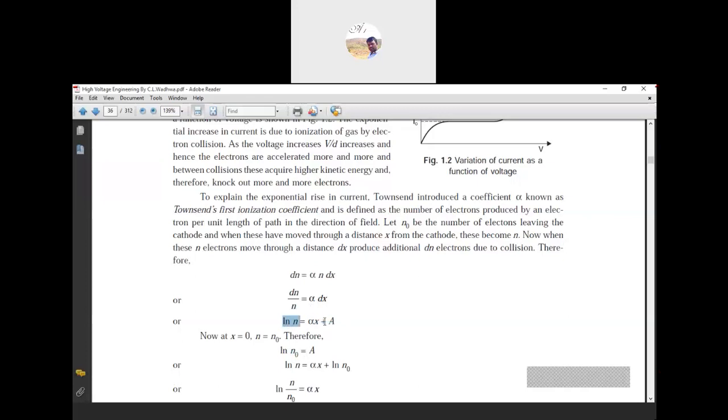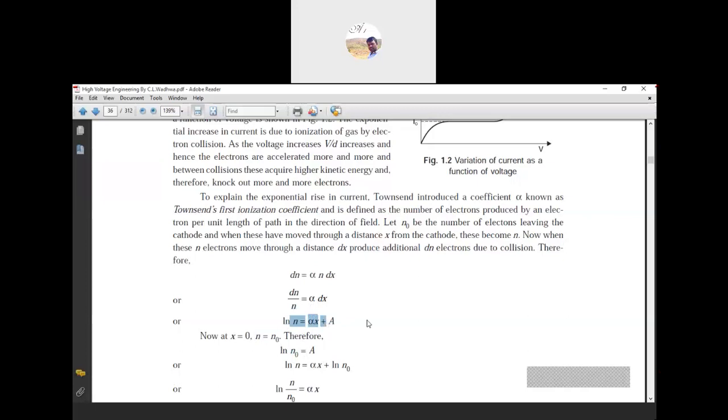Applying the logarithm to this equation, we get log n is equal to alpha x plus a.